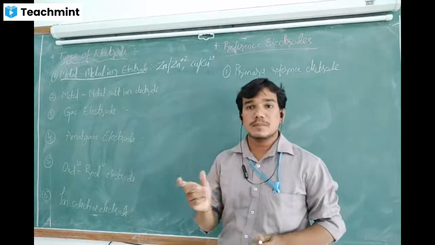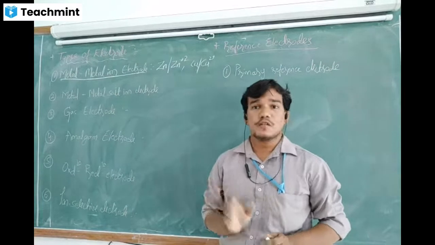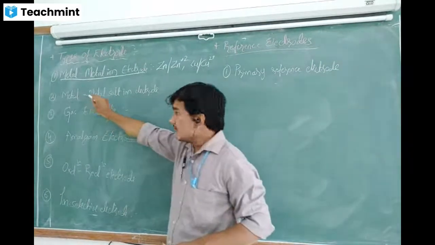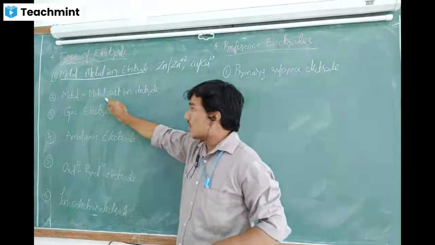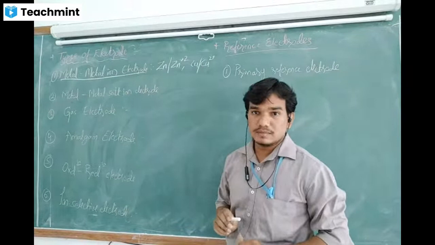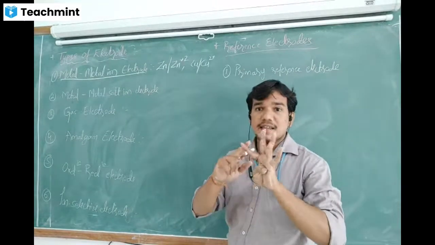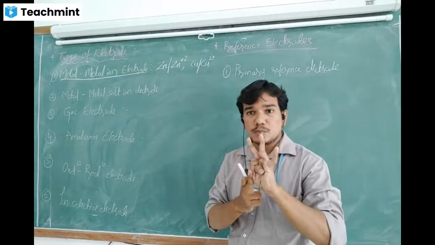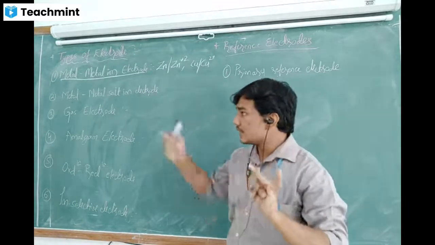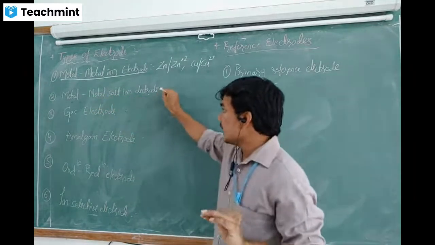Sparingly soluble salt means the insoluble salt in the solid phase. A metal is in contact with its sparingly soluble salt and the common anion of the salt. A metal should be there, its insoluble salt should be there, and its common anion should be there. That type of electrode is called a metal salt ion electrode.